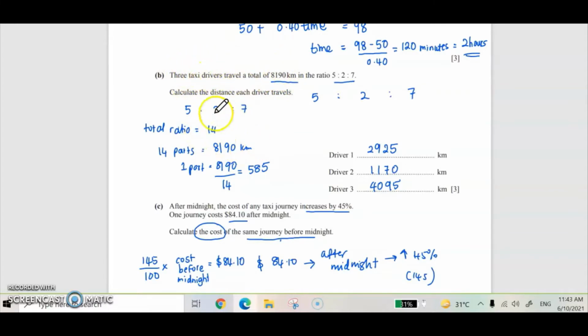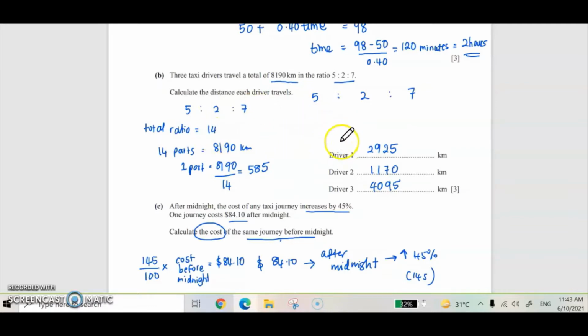So means that the ratio 14 here, the total ratio is equal to the total distance. Okay, and then we divide with 14, which is equal to 1 part is 585. That is for the 1 part of ratio.